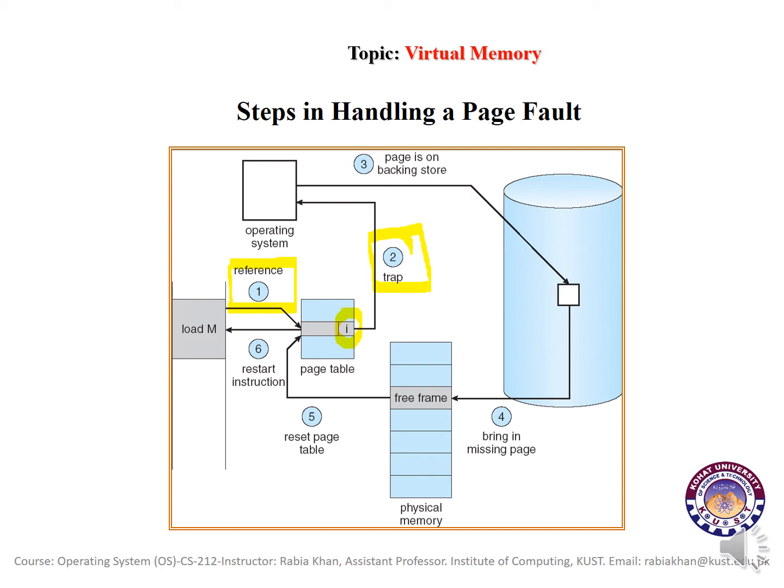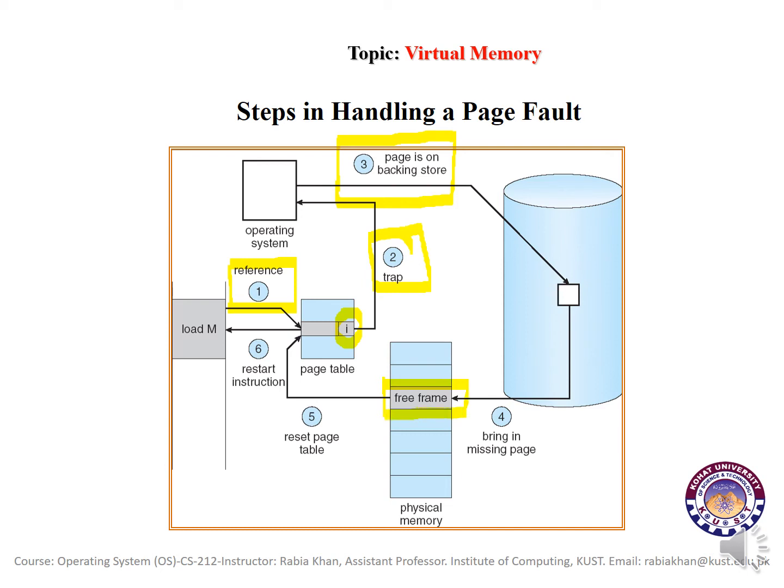Now in step 3, since the page is not loaded in RAM, it has to be located somewhere on secondary storage. So the operating system searches for the required, referenced page in virtual memory and secondary storage. Once the page is located on secondary storage, the operating system first has to find some space for that page in main memory.